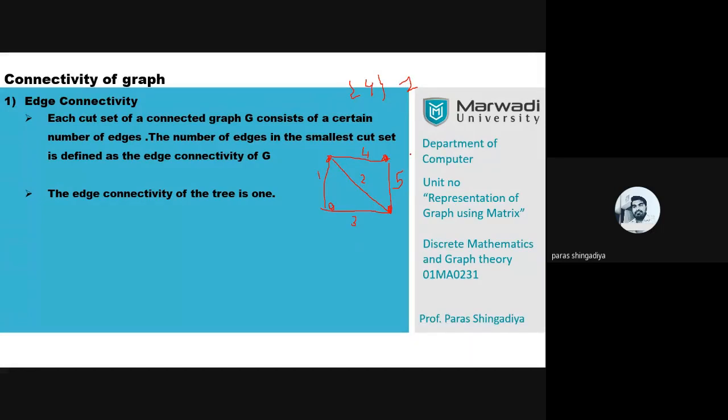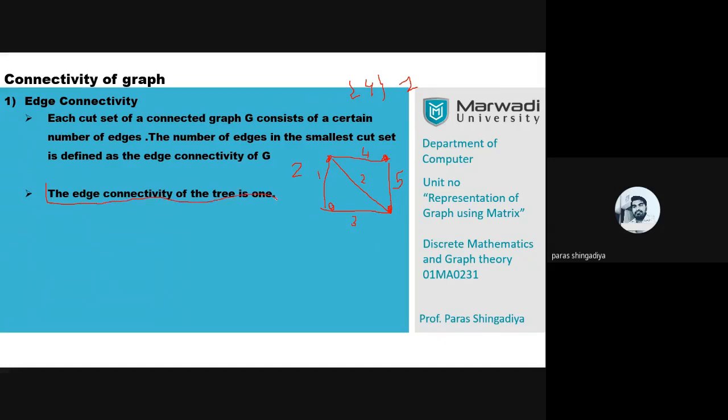Compare all of these: {1, 3} and {4, 5} are the smallest cut sets because they involve only 2 edges. So the edge connectivity of this modified graph will be 2.